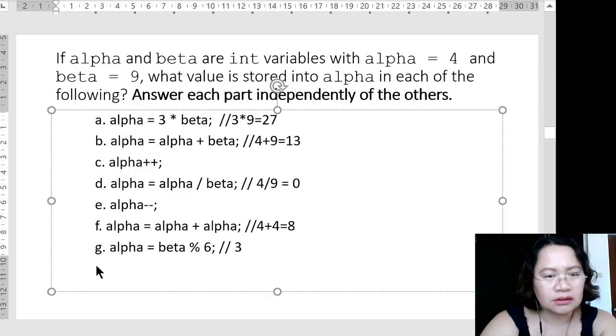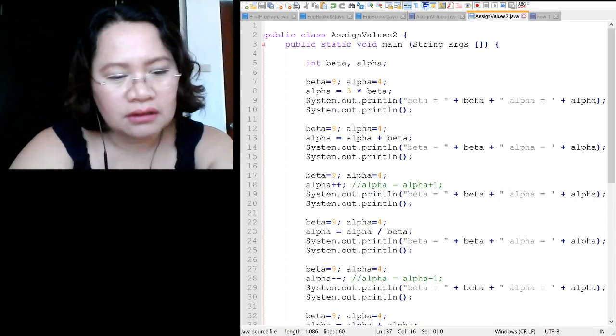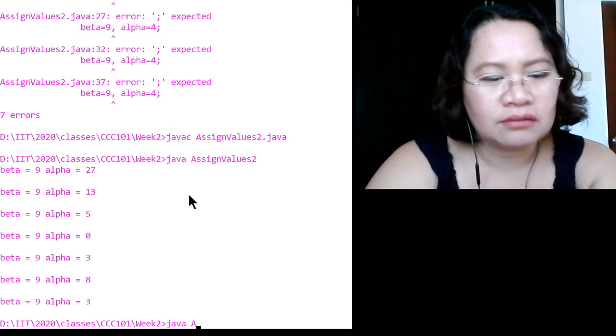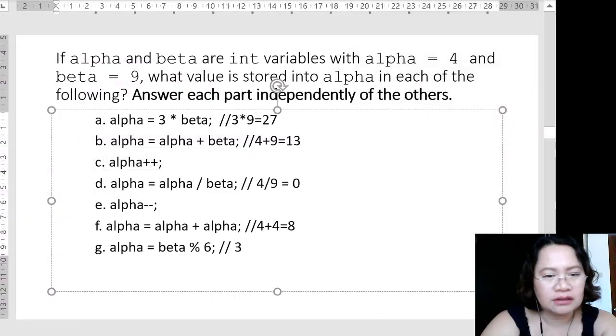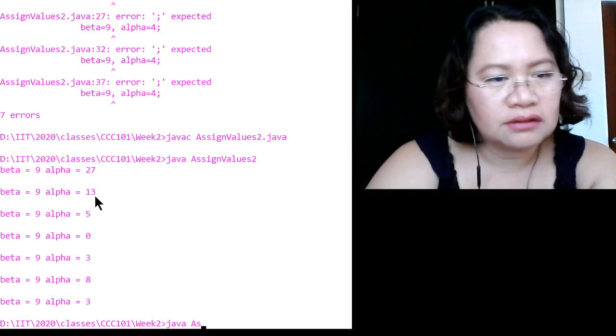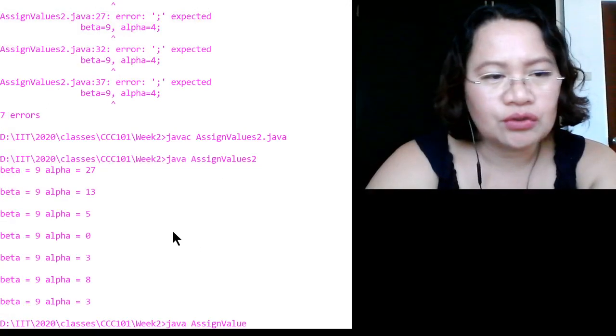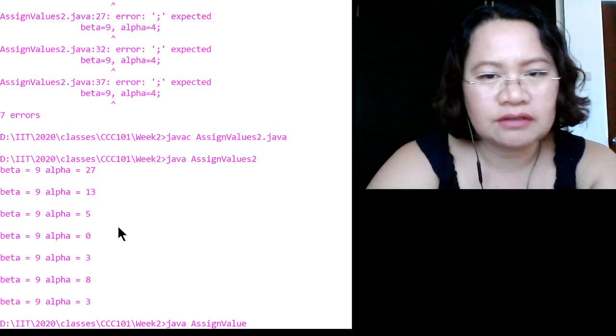Okay. Number 1, we said 27. Okay. And then our output is 27. Next, our answer was 13. And yes, it is 13. Okay. 4 plus 9. So, yun na kayo. Next is alpha plus plus. So, you notice here, the alpha diba is 4. And then now, plus plus siya.